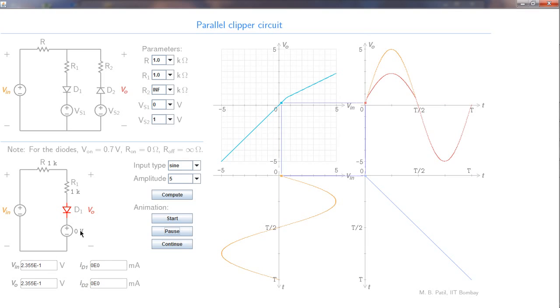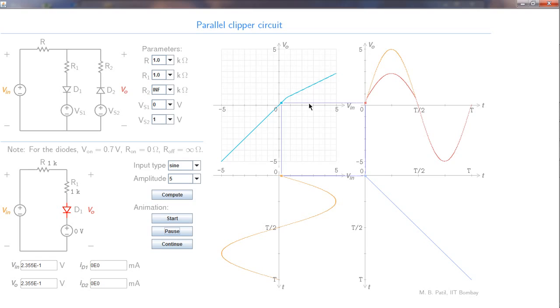What will happen if we change this 0 volts to 2 volts? In that case, for the diode to turn on, we require 2 volts plus 0.7, that is 2.7 volts as Vi. For Vi greater than 2.7, the diode would conduct, otherwise it would not conduct. So what we expect is that this breakpoint will shift to 2.7 volts, somewhere there.